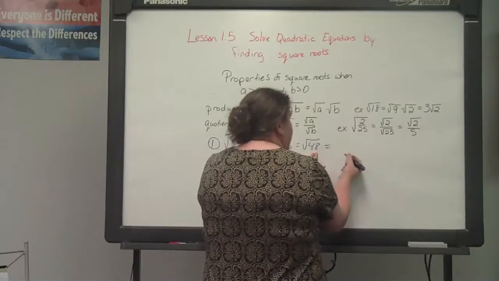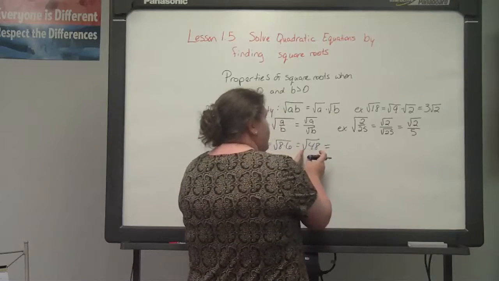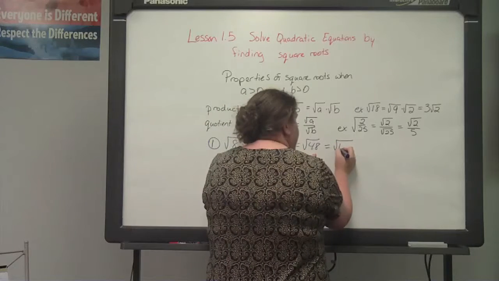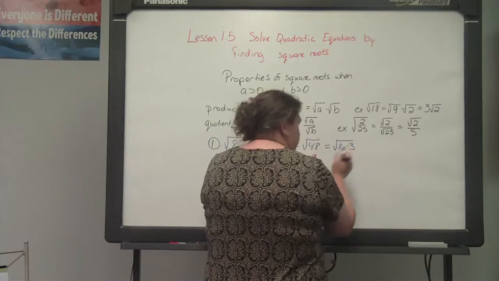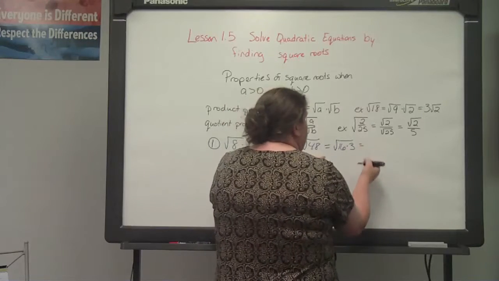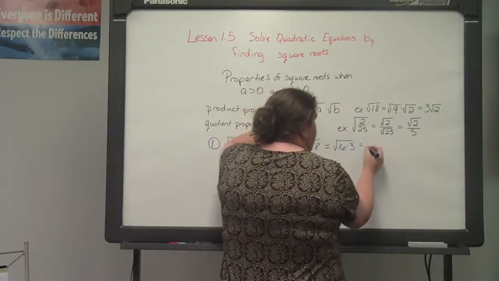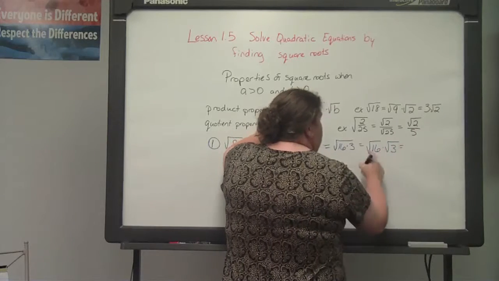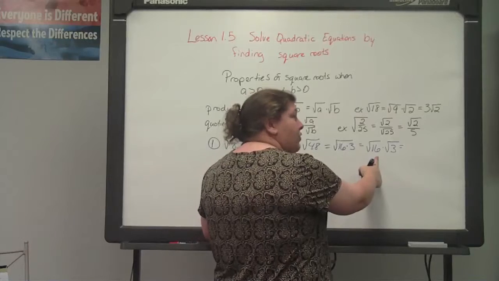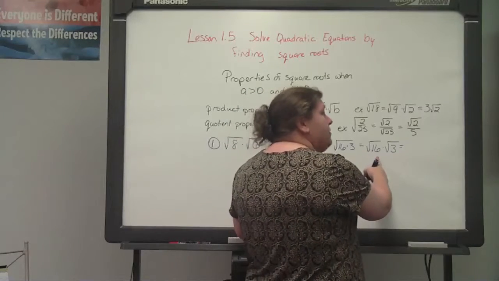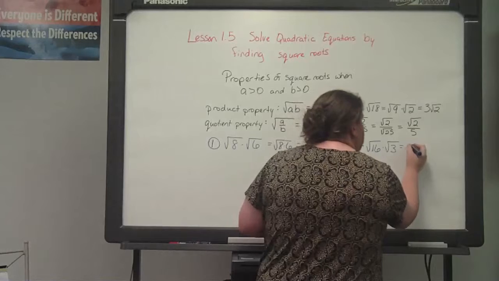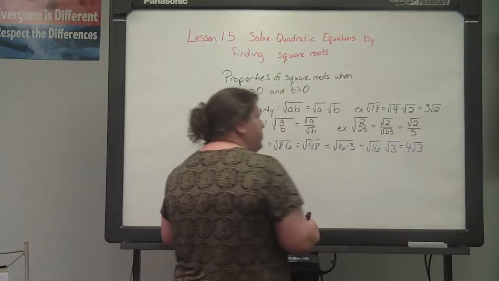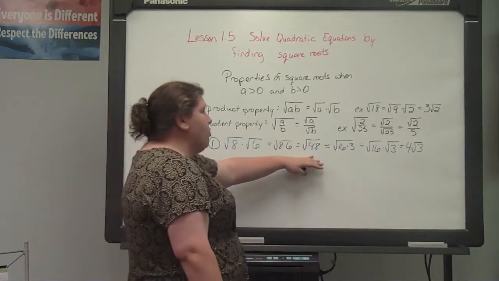So I can rewrite this original radical as the square root of 16 times 3, which again, we can say the square root of 16 times the square root of 3. The square root of 16 we said was 4 because 4 times 4 equals 16. So I can say 4 square root 3. And there is my answer for the square root of 48.